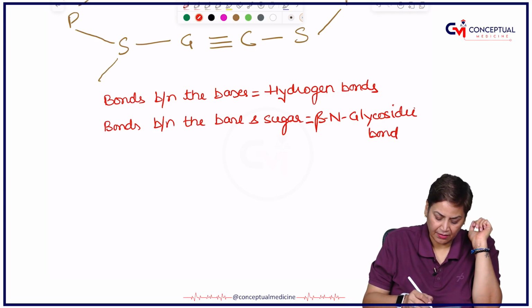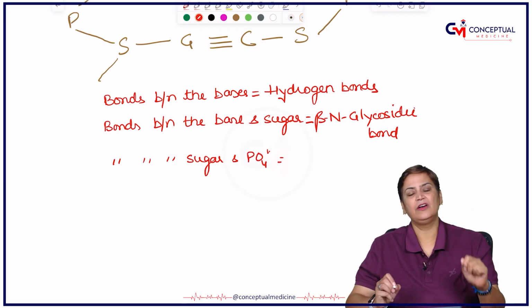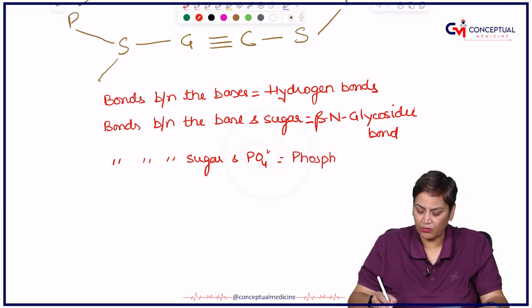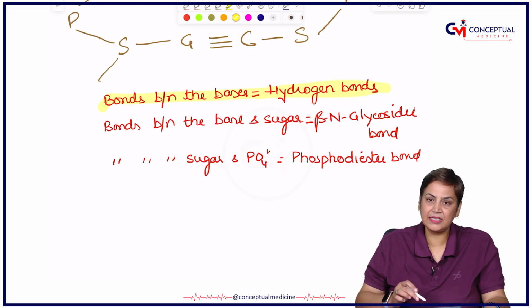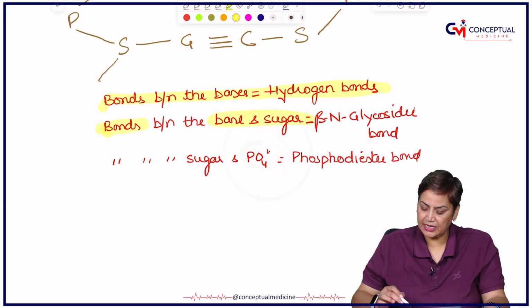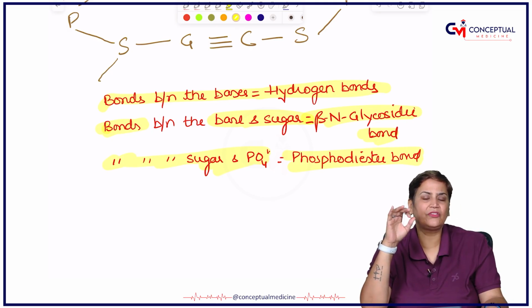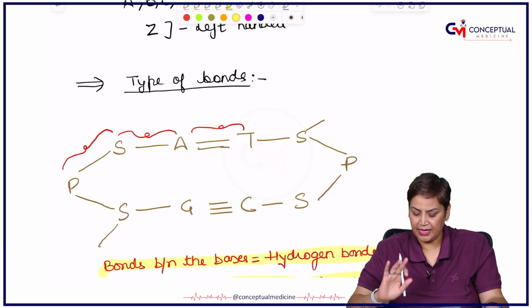And the bond between the sugar and phosphate is the phosphodiester bond. So these are the three main bonds present: hydrogen bonds between the bases, beta N glycosidic bond between base and sugar, and phosphodiester bond between sugar and phosphate. These are the three types of bonds present in the structure of DNA.